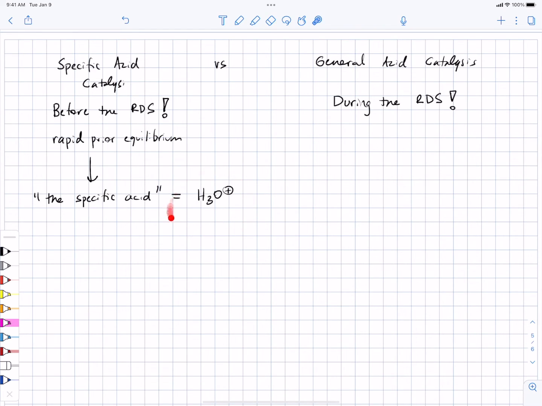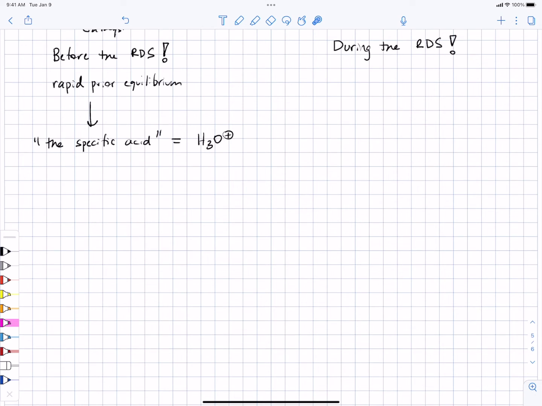Actually, the identity of the specific acid isn't important per se. What's important is that the acid-base step happens prior to the equilibrium. All right, so let's deal with some of the consequences of this.